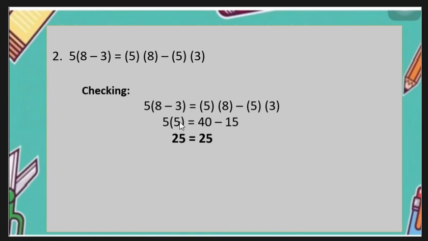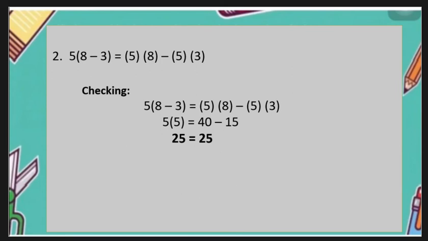We have 8 minus 3, we have 5. That is equal to 5 times 8 is 40 minus 5 times 3 is 15. Therefore, 5 times 5 is 25 is equal to 40 minus 15, still 25. And they are equal to each other.